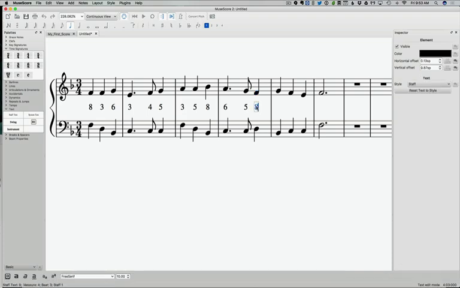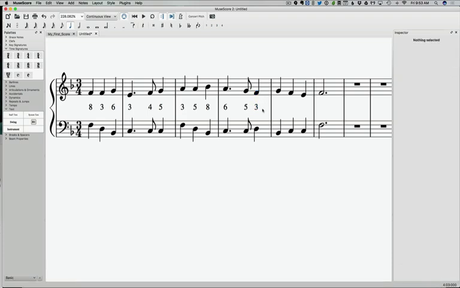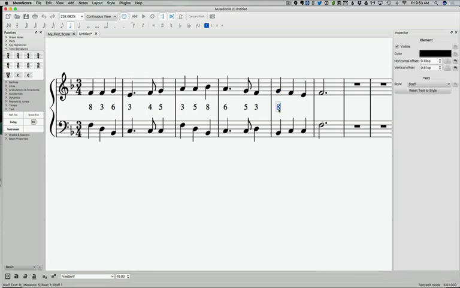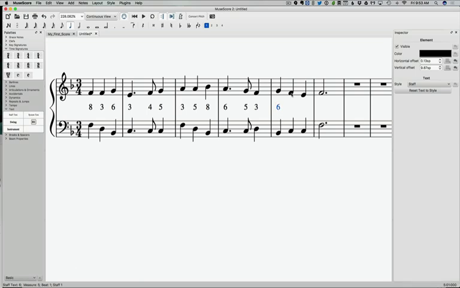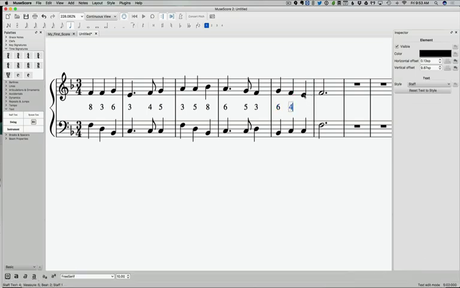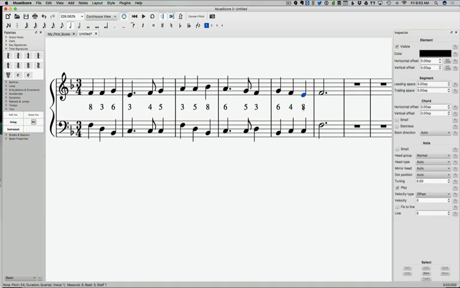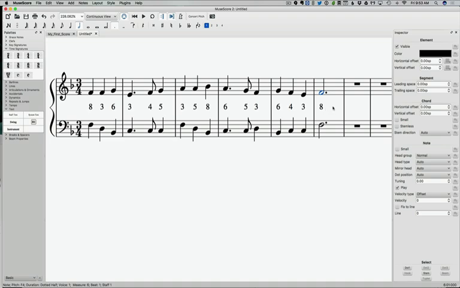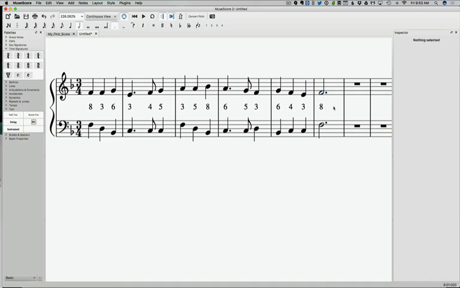A D to an F is a third. A B flat to a G is a sixth. A C to an F is another fourth. A C to an E is a third. And an F to an F is an octave. Okay, so there's my intervals.